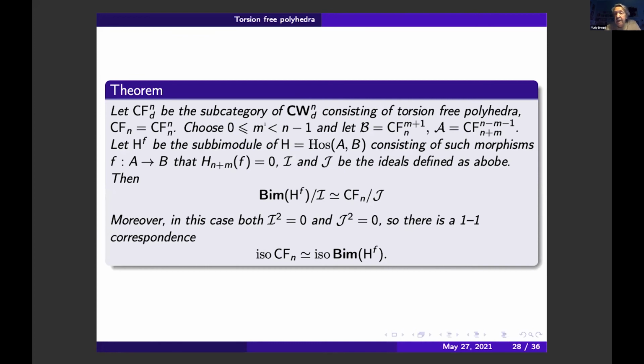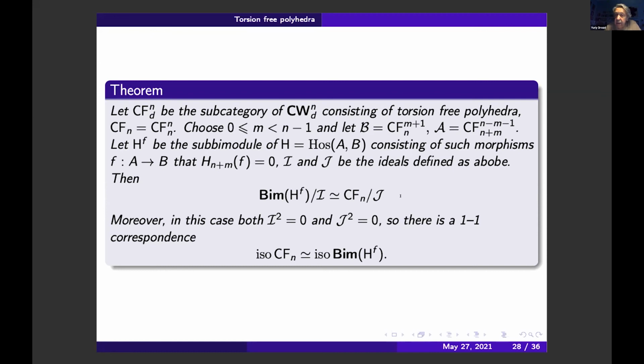Again, we choose some M, consider B and A, like before. And then we take not the whole module of morphisms, but a model consisting of such morphisms that induce 0 map on the overlapping dimension. And again, we define I and J, the ideals, as before.